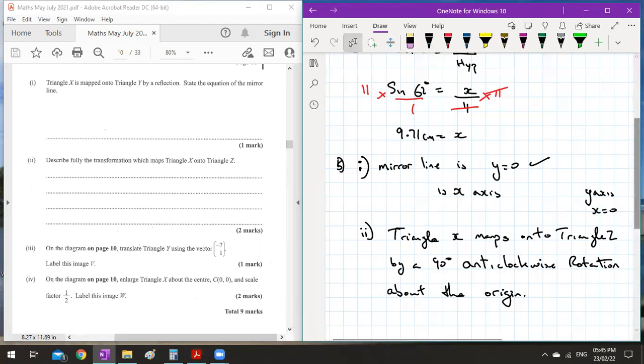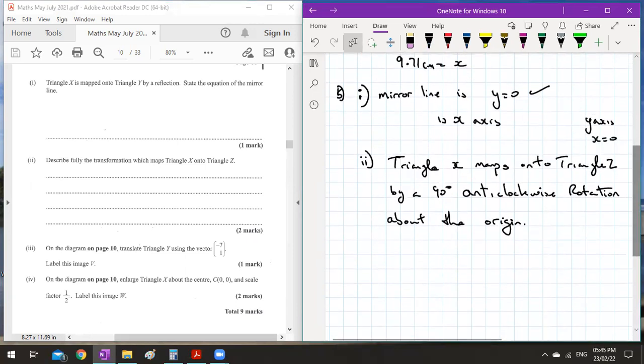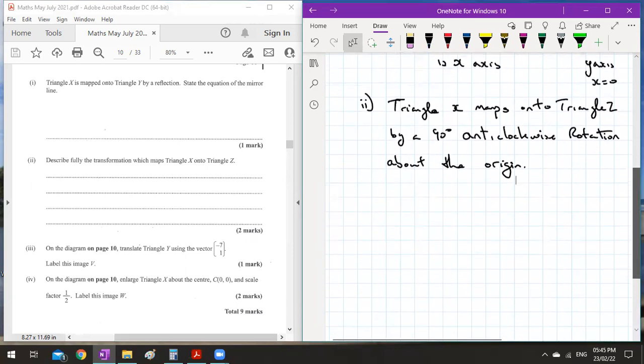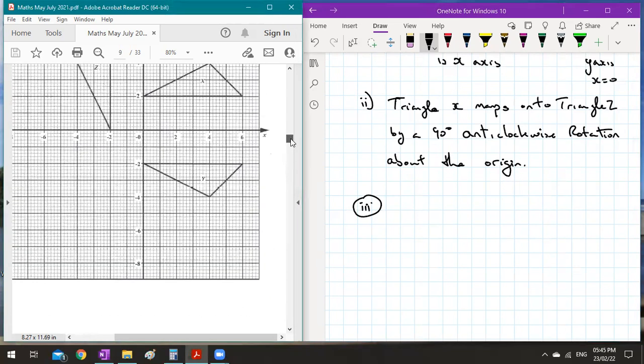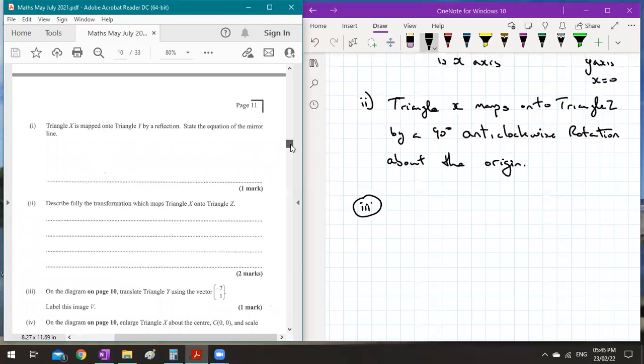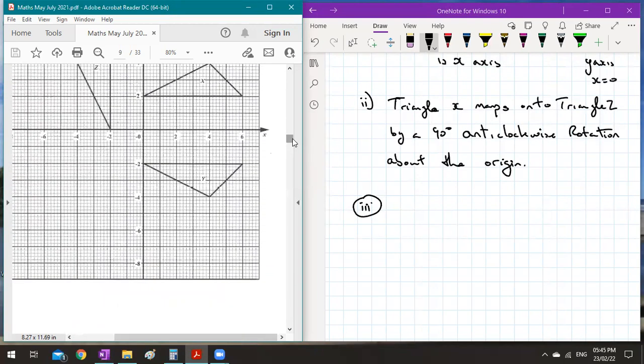Part 3, on the diagram on page 10, translate Y using the vector (-7, 1), label the image V. So in order to do this, you need to know what the coordinates are. So we want the coordinates of Y, right?